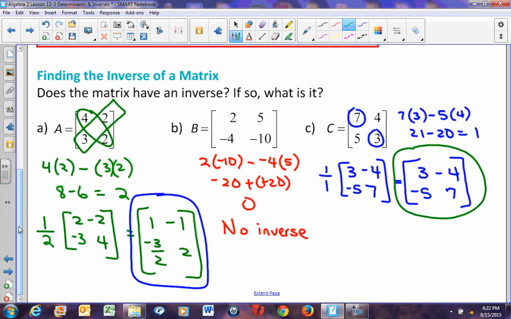So you can just put in, on the TI Inspire, all you have to do is put in your matrix, which in my case would be 7, 4, 5, 3. So I'll put in 7, 4, 5, 3.